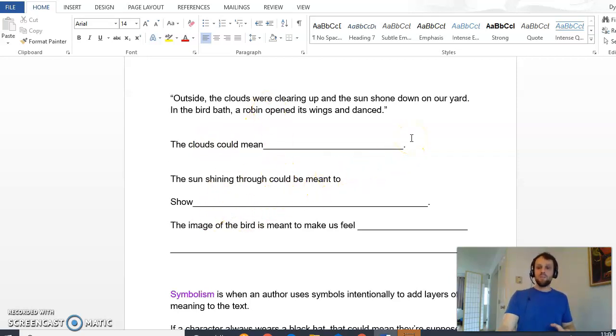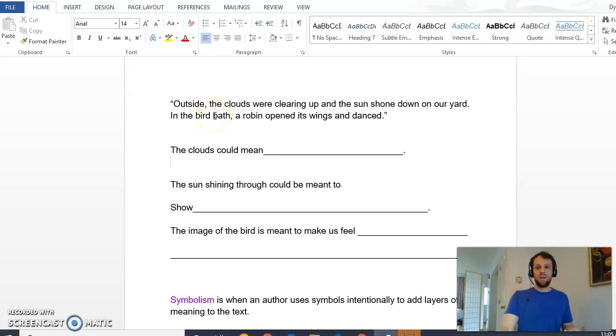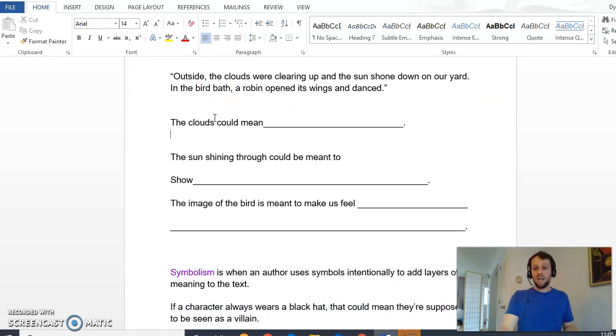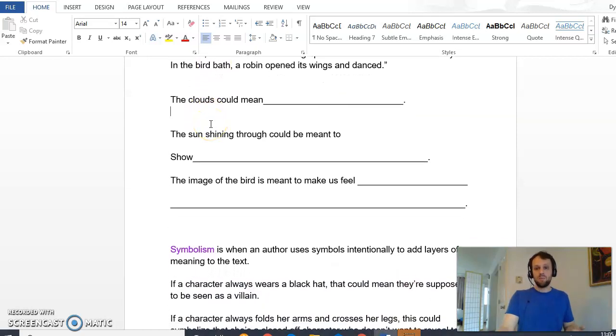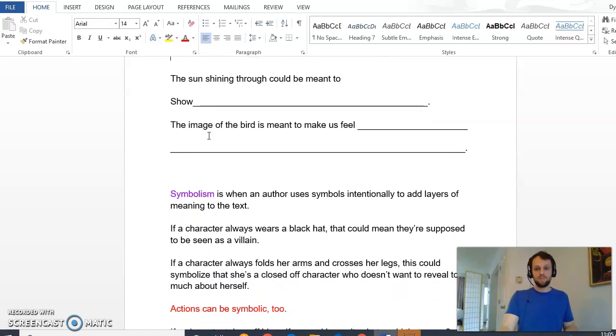And so you can see we went from a statement about the weather and an observation about a bird bath, and now we're thinking of resolution in the story. Now we're thinking of the deeper meaning of the bird and the weather. Obviously, if we had more context in the story, we would be able to know more.